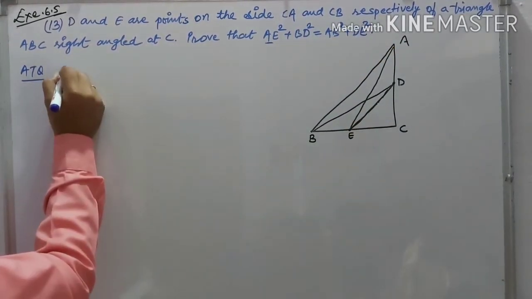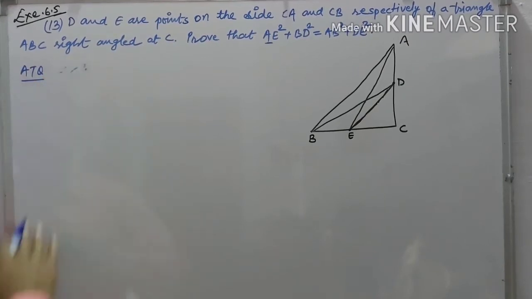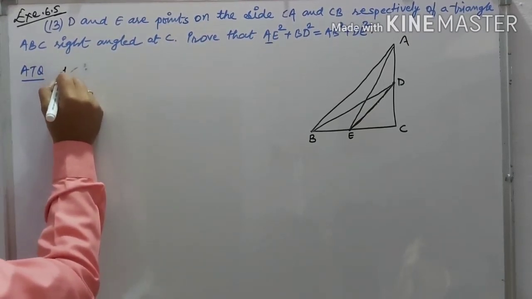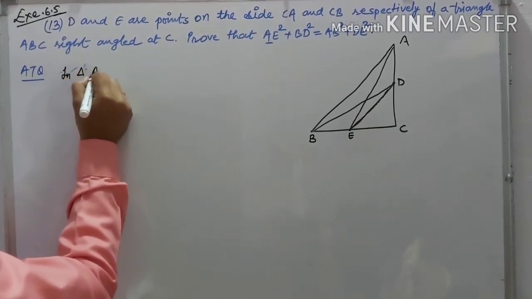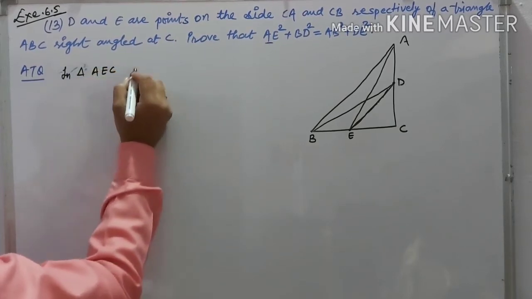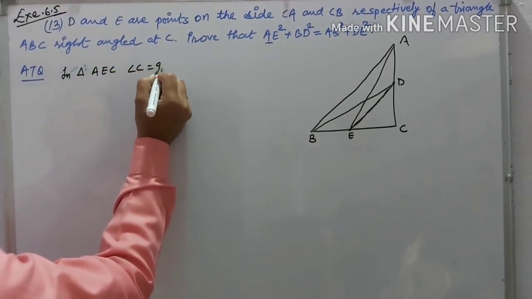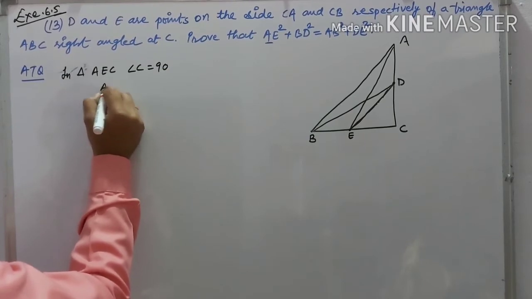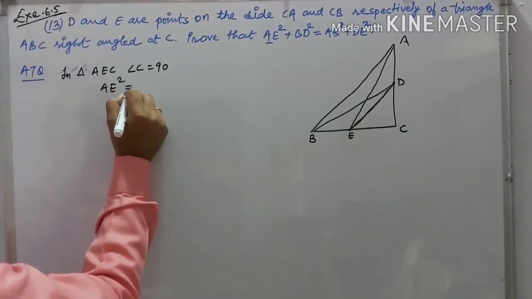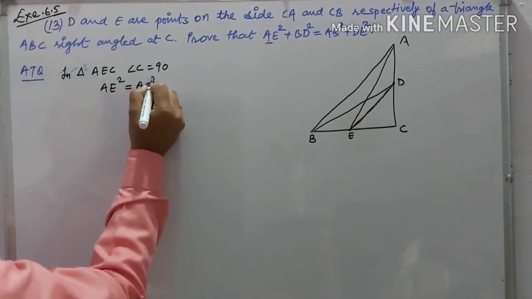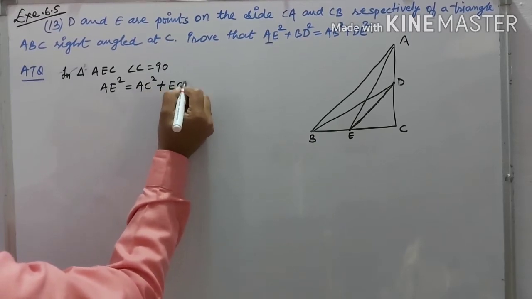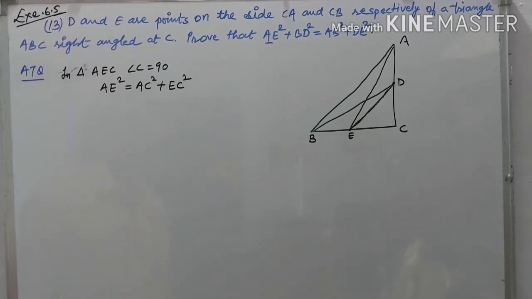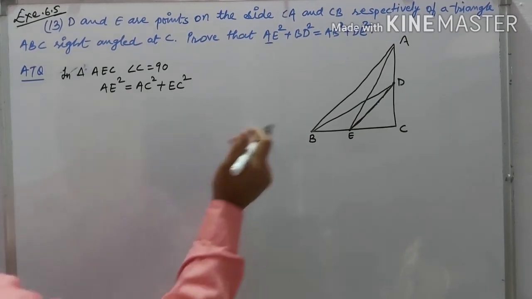So in triangle AEC, angle of C is 90. So you write AE square is equal to AC square plus EC square by Pythagoras theorem.